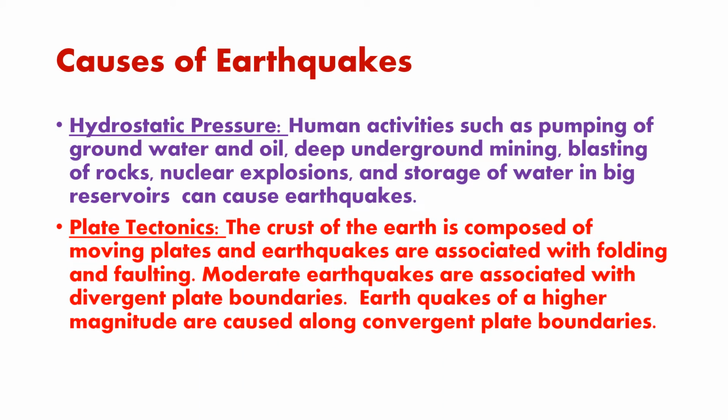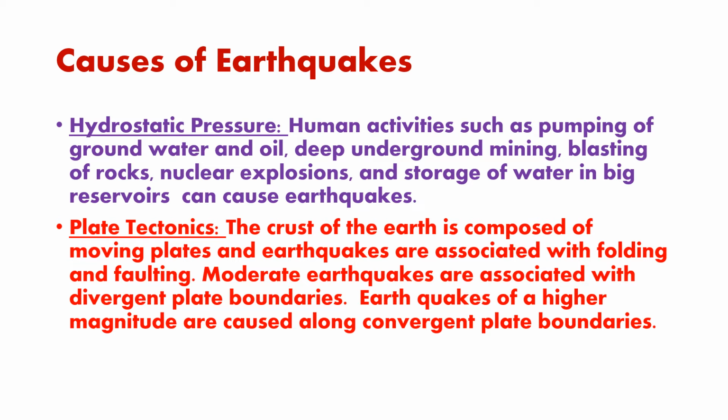Plate tectonics. You know that the crust of the earth is divided into various types of plates, and the plates are moving. The crust of the earth is composed of moving plates, and the earthquakes are associated with folding and faulting.